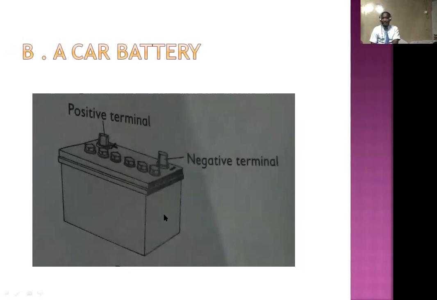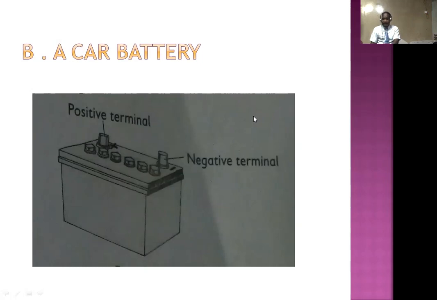When we talk about starters, it is when the vehicle is being started. Heating is when it is giving a warning sound or a calling sound, and then the lighting of headlamps as well as indicators.